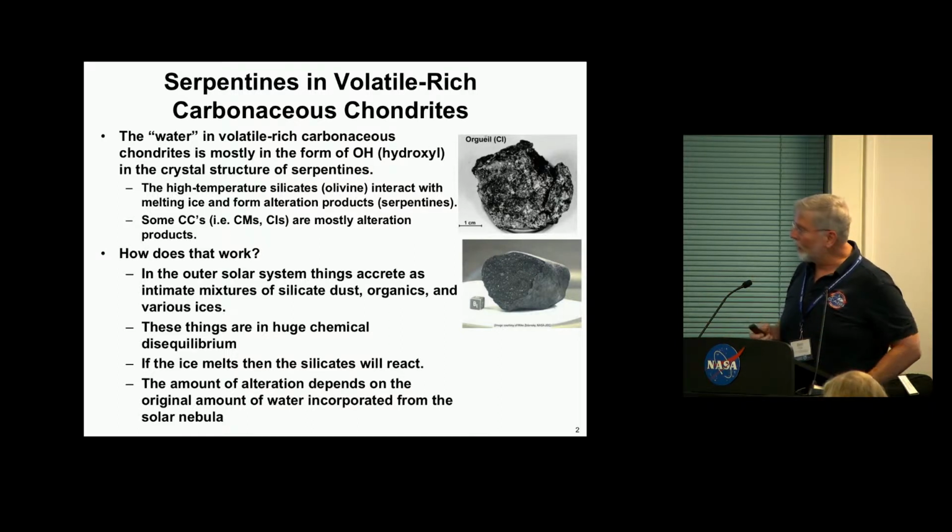Things being what they were in the early solar system, that melted. This stuff is in huge chemical disequilibrium. And so when the ice melts, the silicates react, and the reaction product of your olivines is going to be serpentines.